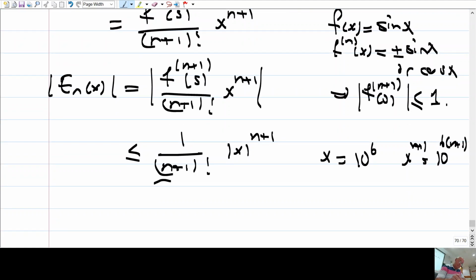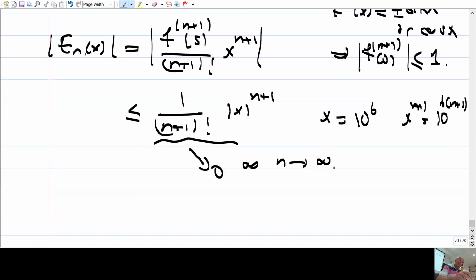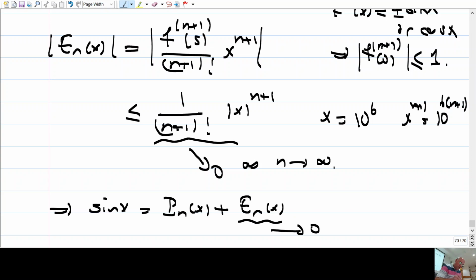So this thing goes to 0 as n goes to infinity. This means En of x goes to 0 in absolute value. So the error term goes to 0.